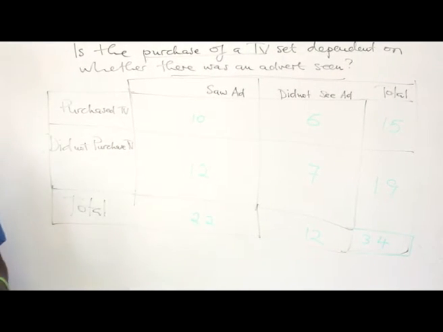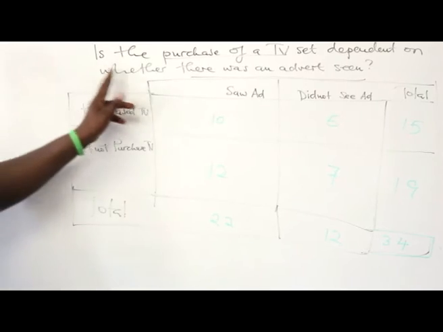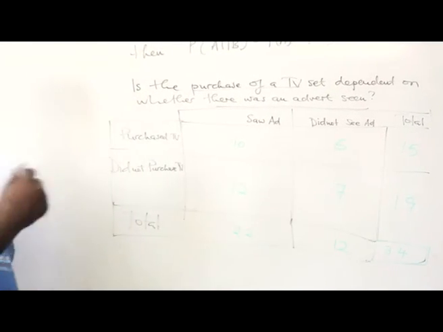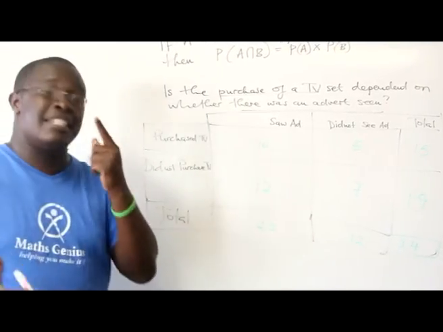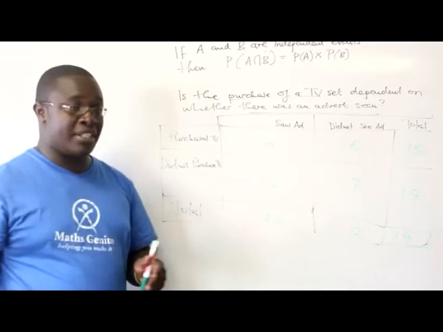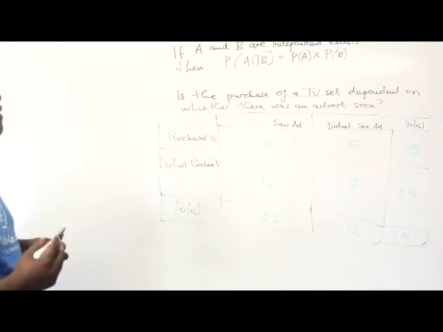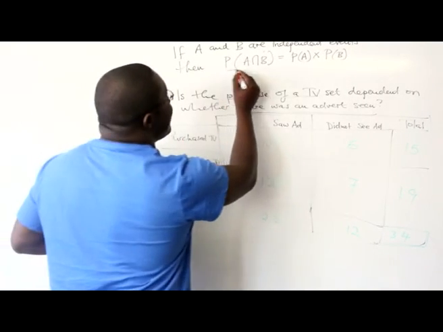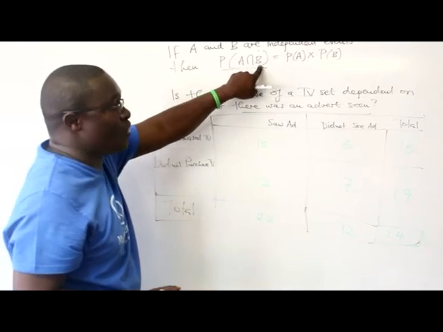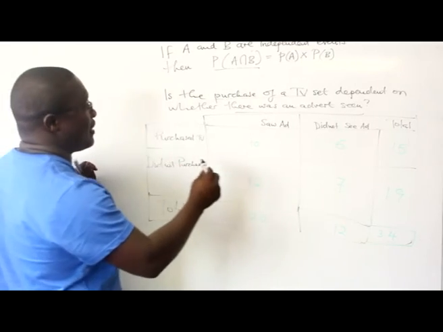Now, let's test the independence of this statement, where we're saying, is the purchase of a TV set dependent on whether someone saw the ad or not? So, what is the probability that someone purchased a TV and saw the advert?